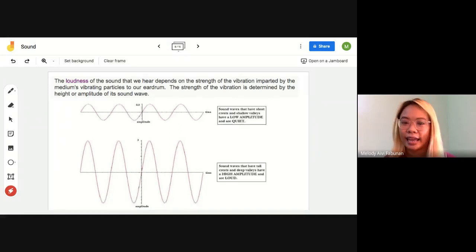So ang nangyayari, anong tawag dito? Mas nauunang nakakadinig yung mga pets natin. So usually, di ba, malayo pa yung kotse, tumatahol na sila kasi alam na nilang paparating na kayo. Whereas kayo, hindi nyo pa masyadong naririnig yung sound. So medyo late yung nagiging reaction.